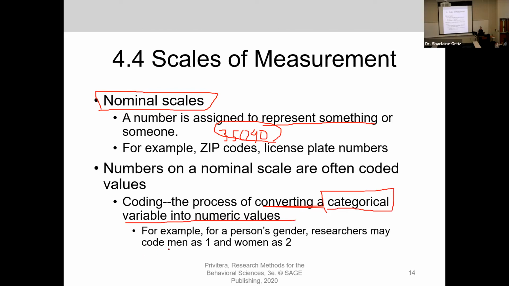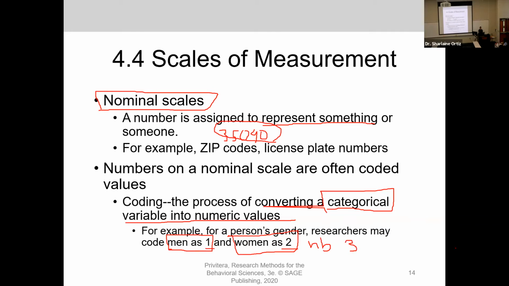So for example, I can say I conduct a survey of the 200 something students that I have, and all the males in the study will be given a code of 1, and all the females of the study, I can give a number of 2. I would add a third, like non-binary or non-conforming or something like that, so I will make that a 3.